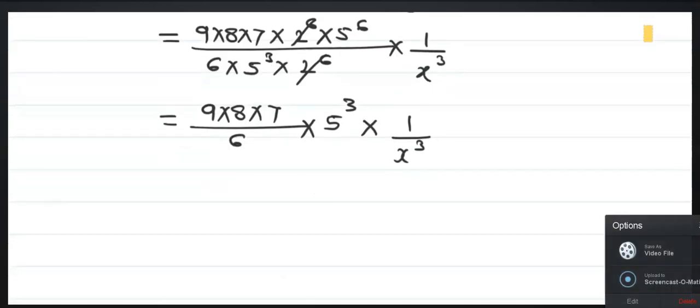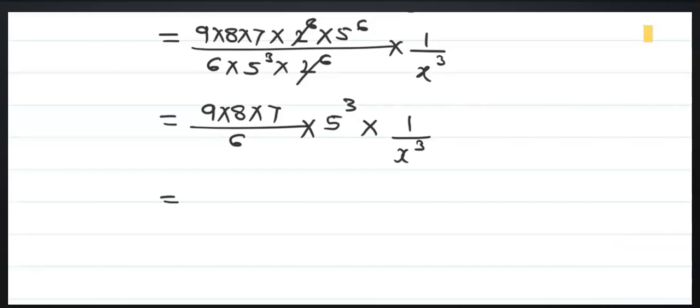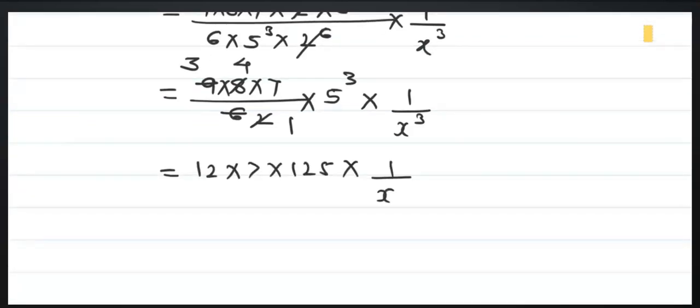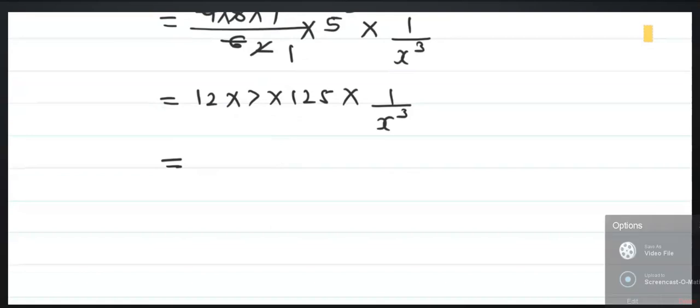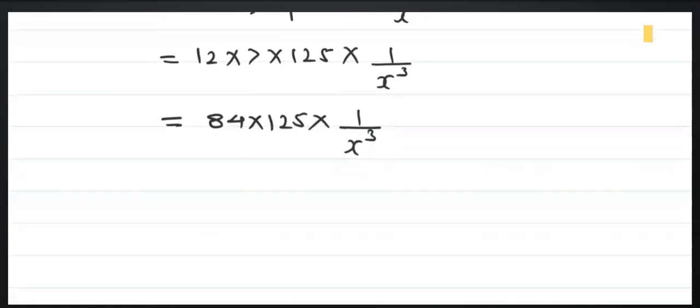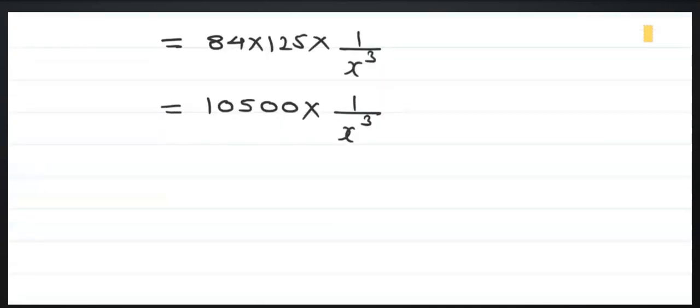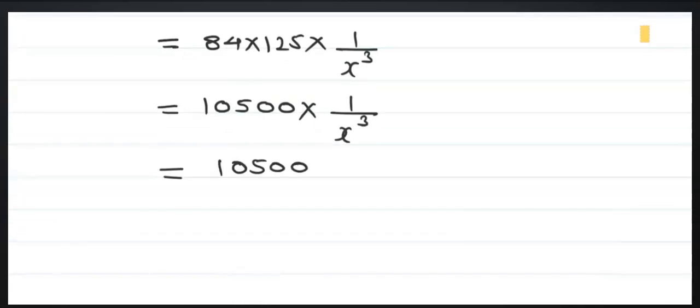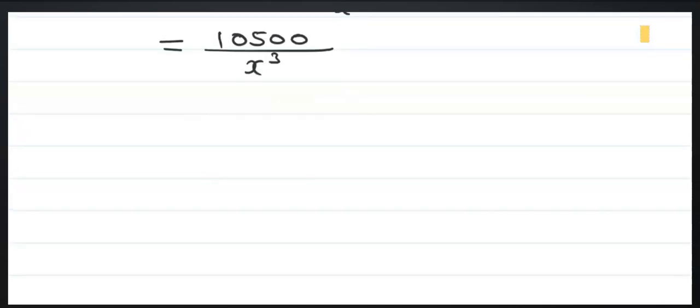Now next, this is the calculation, and the answer is 10,500 into 1 upon x cube, and this is the final answer for that question.